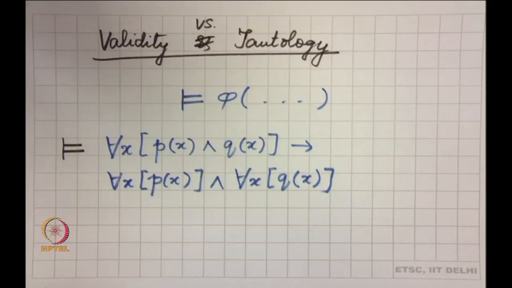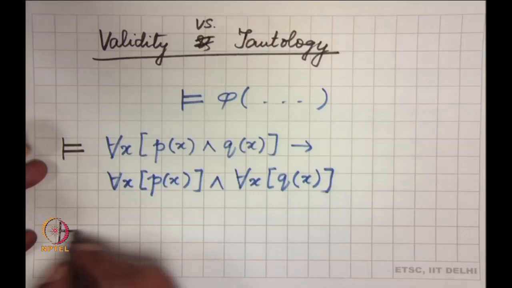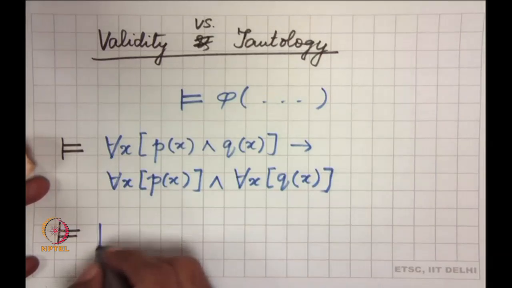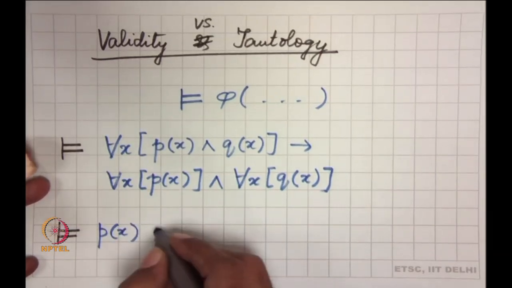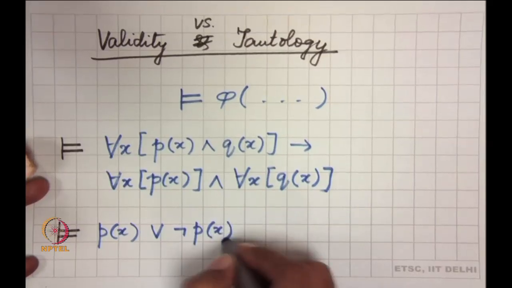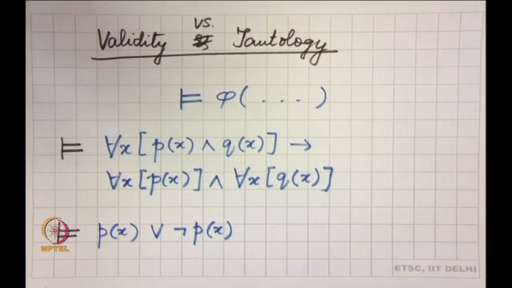So, even if it has free variables, I do not care, but take this. If you take this, this has a tautological form, let us say. Since I am using the entire language anyway, it does not matter.